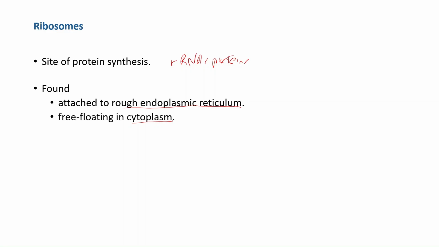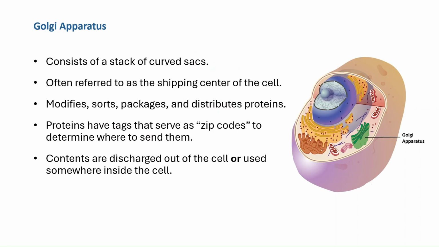Basically, and that may not be 100% accurate all the time, but if the protein is going to be kept in the cell and used immediately, there's no need to package it, so these loose ribosomes can do it. But if this protein is going to be packaged either to store it or to send it outside of the cell, then it's made in the rough endoplasmic reticulum because it's going to be continuous with the Golgi apparatus.